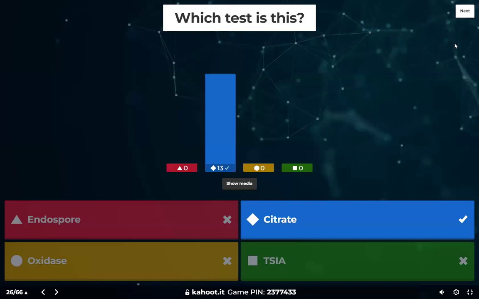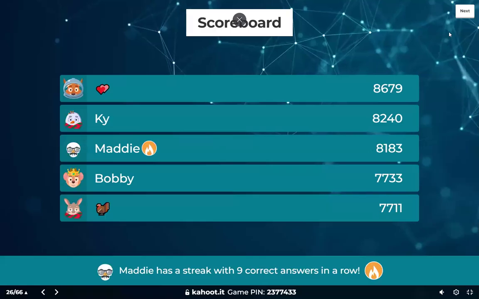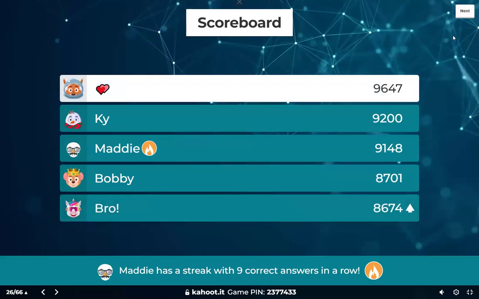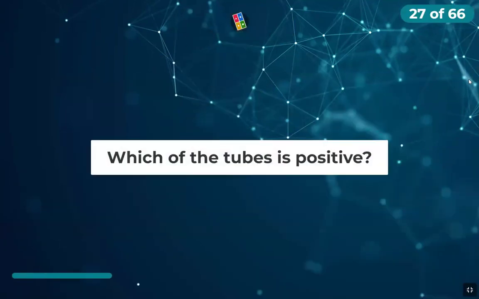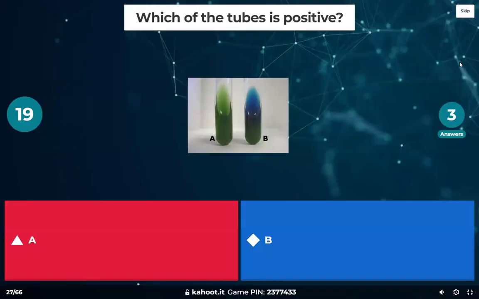Citrate and malonate: citrate is the plate, malonate is the broth, right? They start green, and then they both can turn blue if they make the alkaline byproduct from using that carbon source. So which of those tubes was positive? We know that one was.